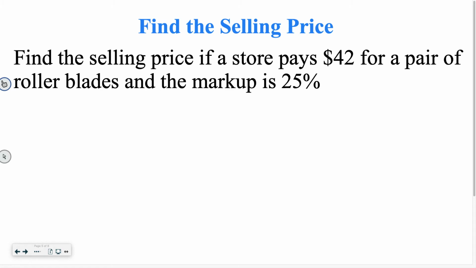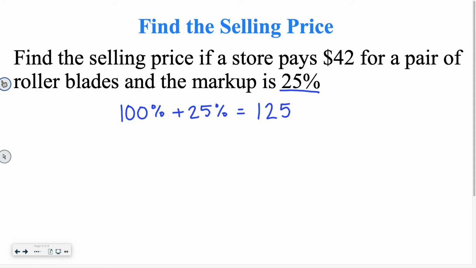Whenever you pay the store price and it's not discounted, you are paying 100% of that price. Okay, you're paying 100% of what the store paid. Then the store is saying that you're going to pay 100% of what we paid plus that 25% markup. So that means that you as the consumer are paying 125% of what the store paid for that item.